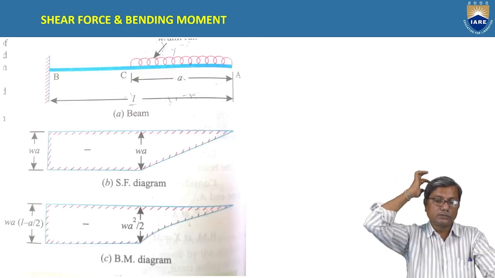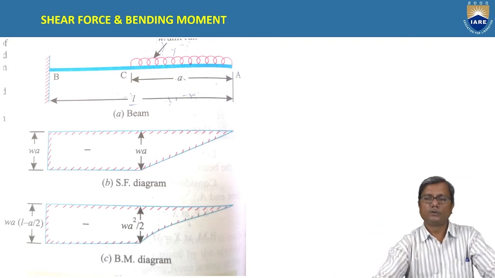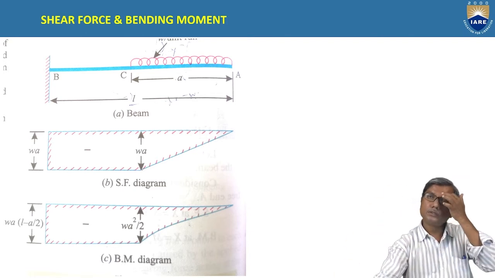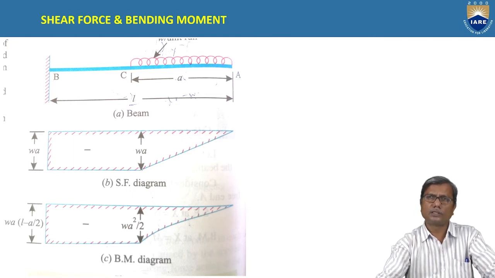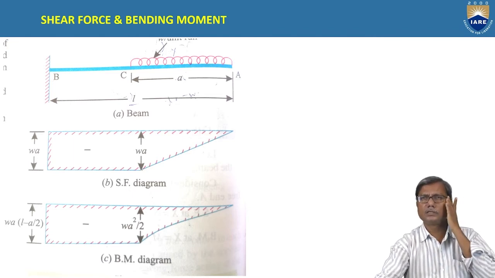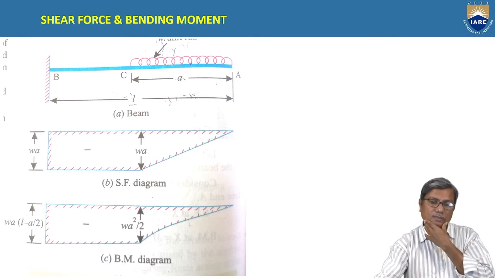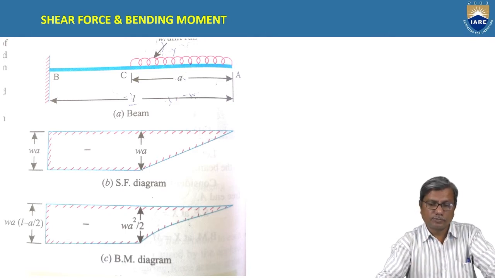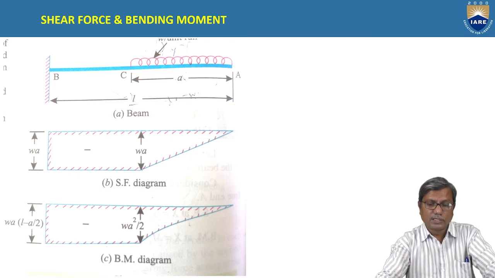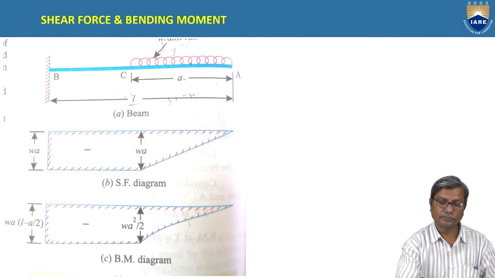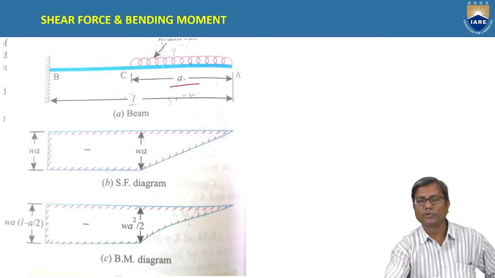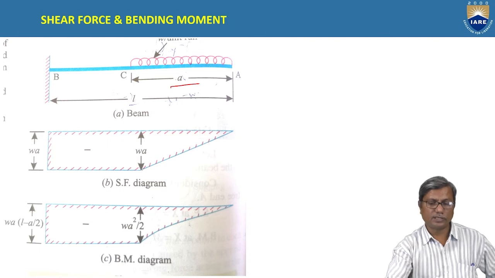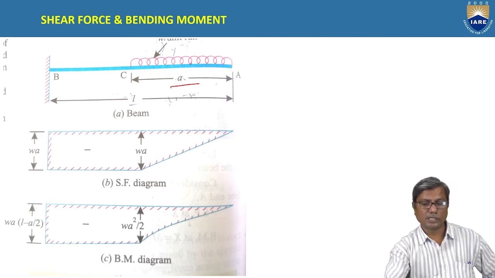Now we consider a partial load, UDL, acting over a part of the span, not the entire span. It is acting over a part of the span of the cantilever, and the length of the UDL in this case is given as a, placed from the free end to a distance a.